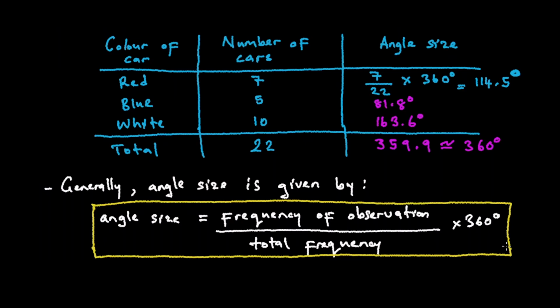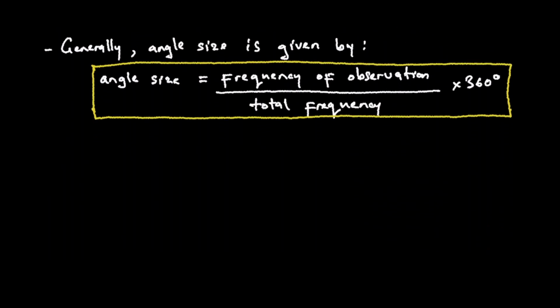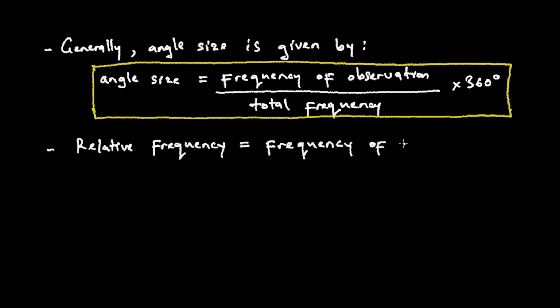Saka kuti frequency of observation nekuti total frequency, these terms have more technical siblings, more technical synonyms which we want to put down. Saka point yatoda kunyora panapa ndeyekuti relative frequency, yatinoti relative frequency, it's simply frequency of an observation over total frequency.